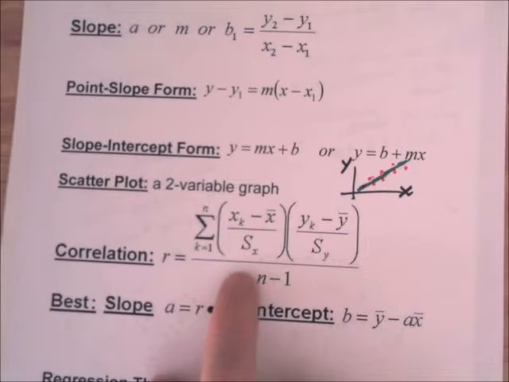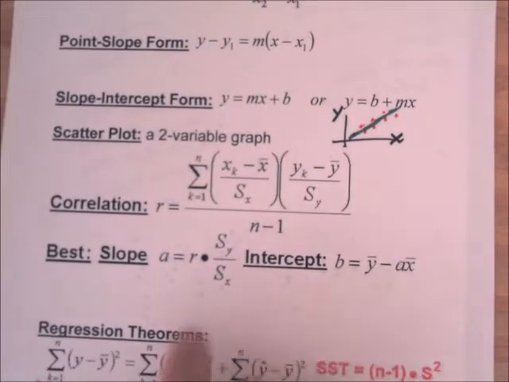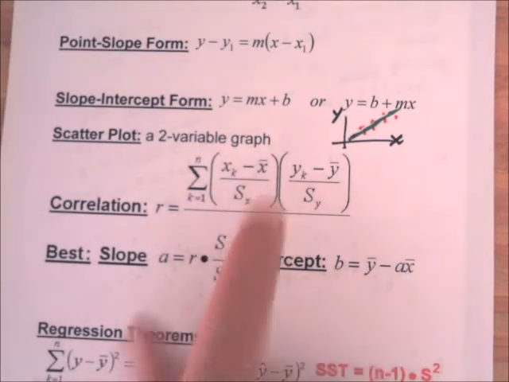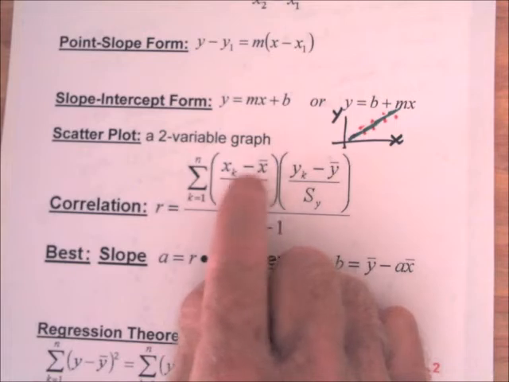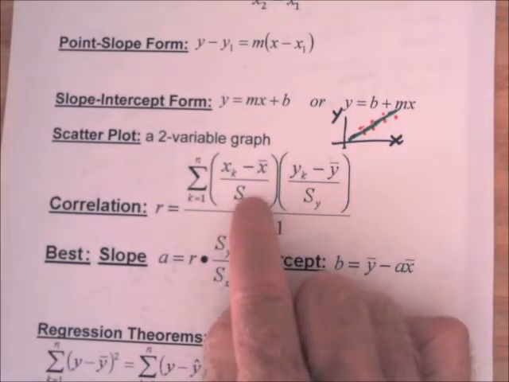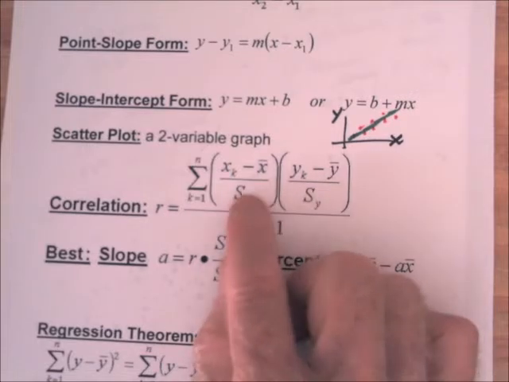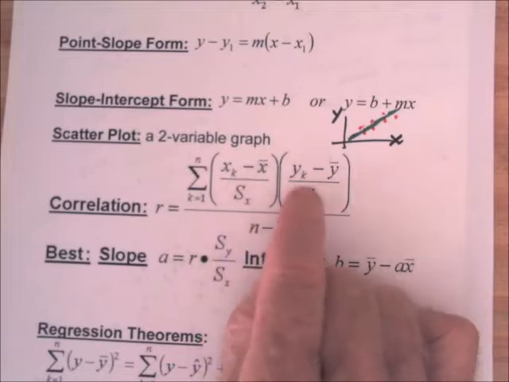And then there's a statistic that tells us more precisely what the relationship is between the two variables. This is a complicated formula here, but if you break it down, it's not so bad. When you're doing the operations, you want to first do what's inside parentheses.